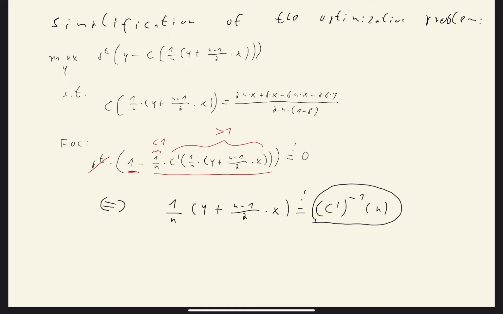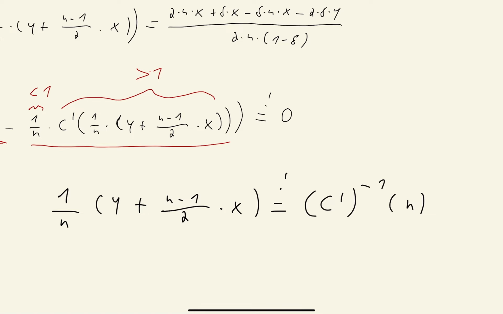This is the reason why you can simply invert c prime, and be sure that it's actually a singleton that we get as a solution. Good. So this is the first form in which I wanted to bring the first order condition, and you will see why in a second.